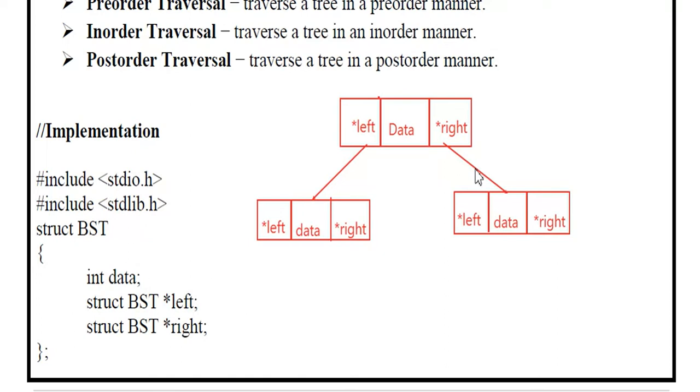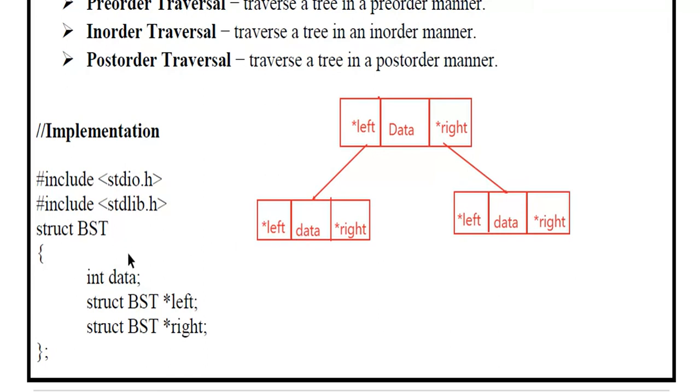The left pointer contains the address of the left child and the right pointer contains the address of the right child. This follows similarly until we reach the leaf node. A leaf node is one which doesn't have any child. If a node contains a left child and a right child, it is an intermediate node, and the left and right become the children of this particular node.